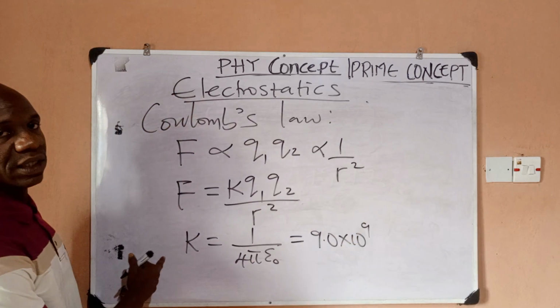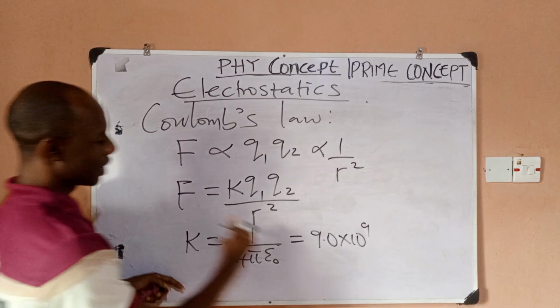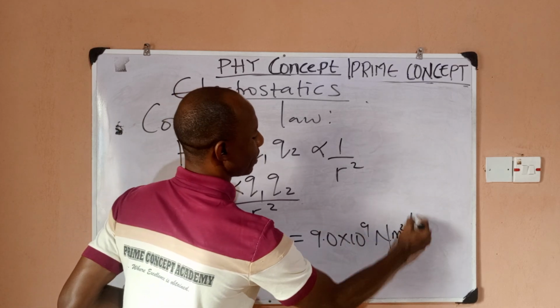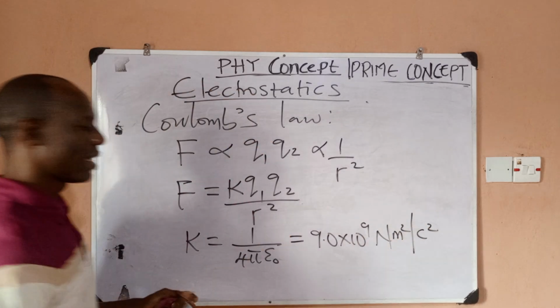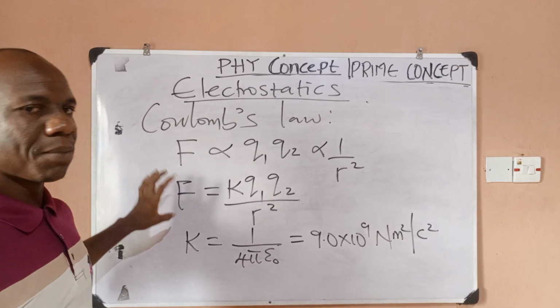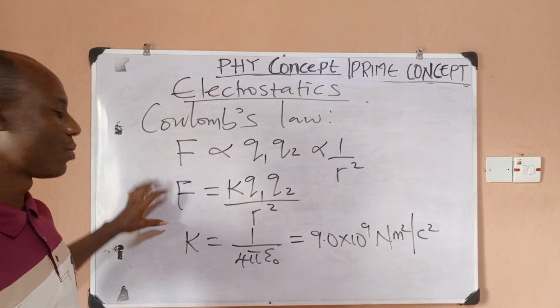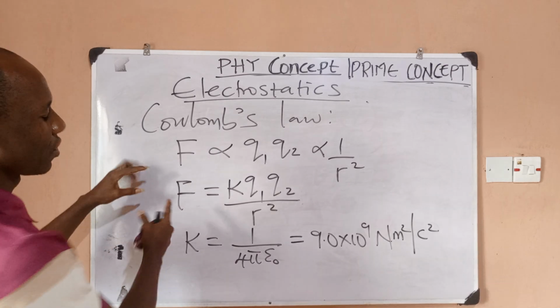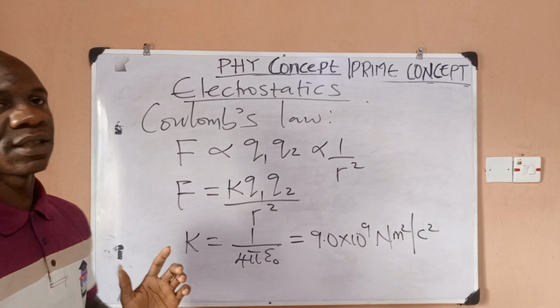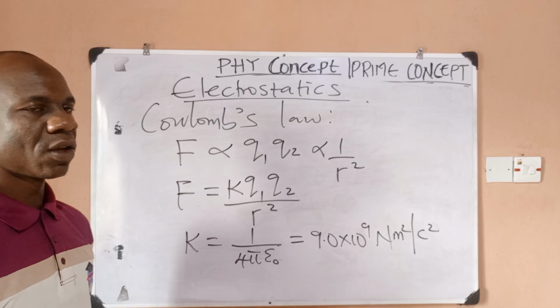And what is the unit of K? The unit of K is Newton meter squared per coulomb squared. So this is Coulomb's law mathematically in scalar form. This force just gives us the magnitude of Coulomb's force or electrostatic force.